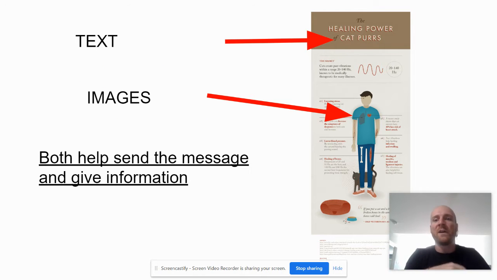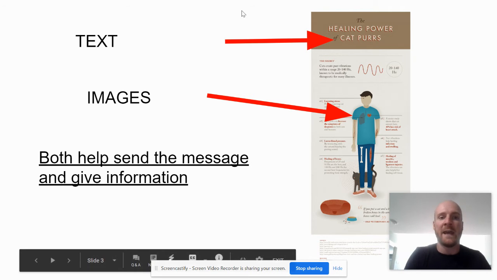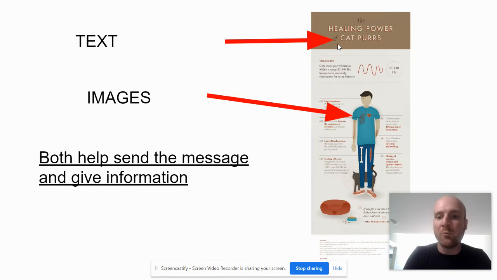So for example, we have the healing power of cat purrs here, and this is a graphic text. It has text at the top, it has images, and they're both helping send the message. Okay, so both the words on the screen and the images are helping to give you information. So you've got to look at both.